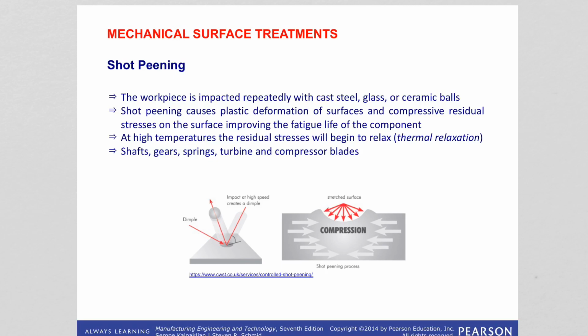So what we have here is small spherical shot that bombards the surface of the part to be finished. This impact is done with cast steel, glass, or ceramic balls, and these balls dimple the surface, causing compression stresses under the dimple.